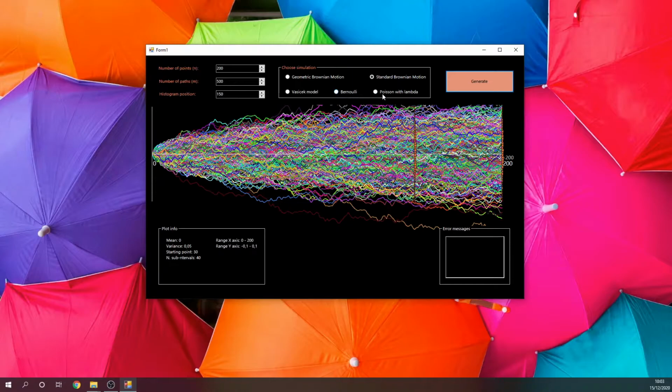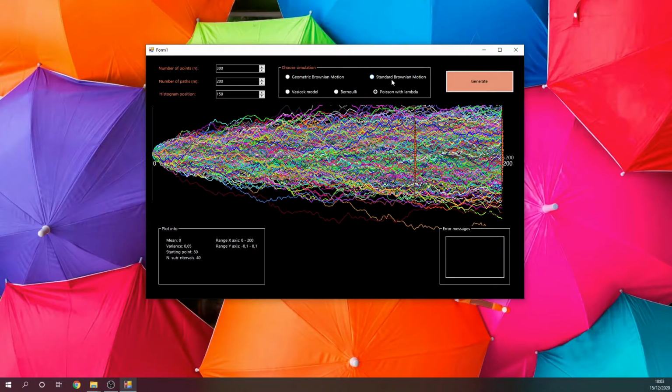Okay, now let's plot the Poisson with lambda. This Poisson is a stochastic process where we memorize the previous step for each plot.